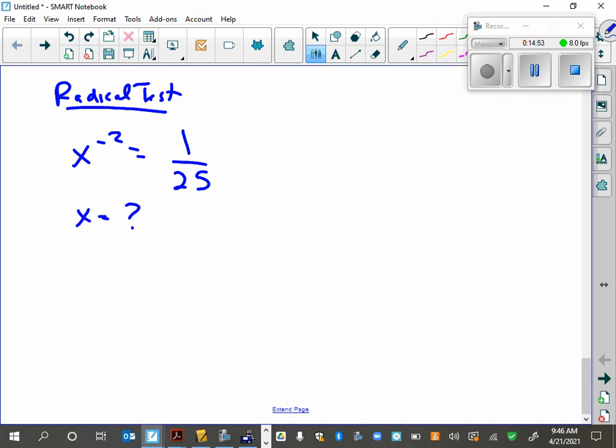So it's kind of working backwards on this one. You have an answer? Good job. 5 is correct. So you can look at this 1 over, that's the negative part. Now we need to rewrite the 25 as a square. So 25 is what squared? 5 squared.